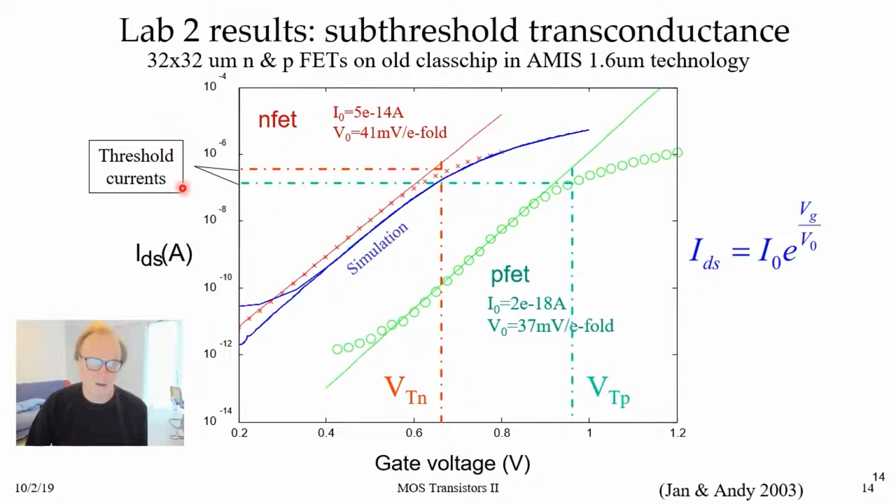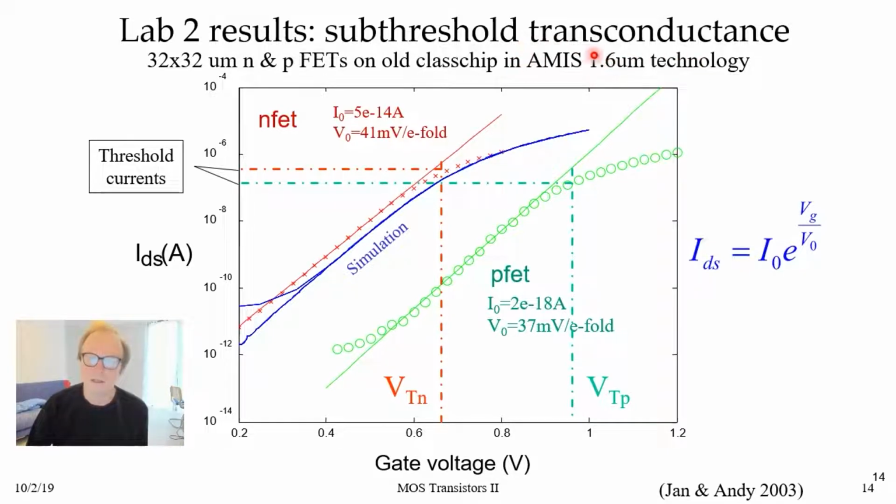And it's on a log scale here. So here's a picoamp, and here is a microamp. Right, so that's 6 orders of magnitude of current. This blue curve shows a subthreshold simulation, and these red crosses here are measurements of an NFET, which is 32 by 32 micron, N and P FETs, these 2 transistors, on the old class chip in AMIS 1.6 micron technology.